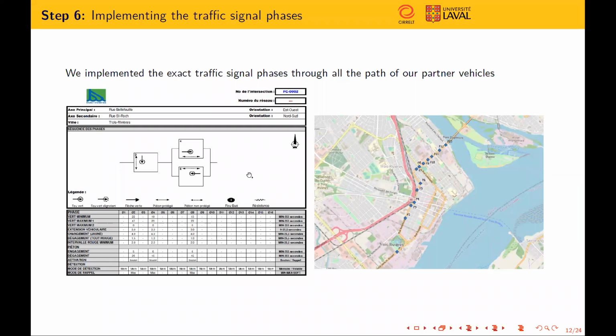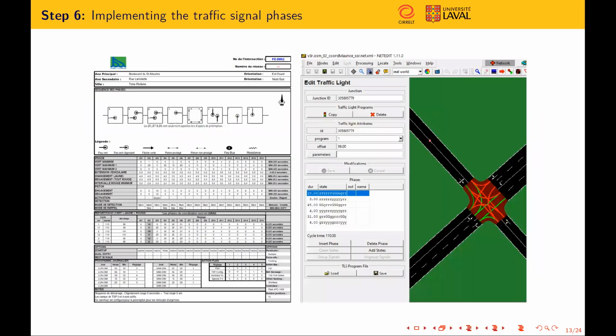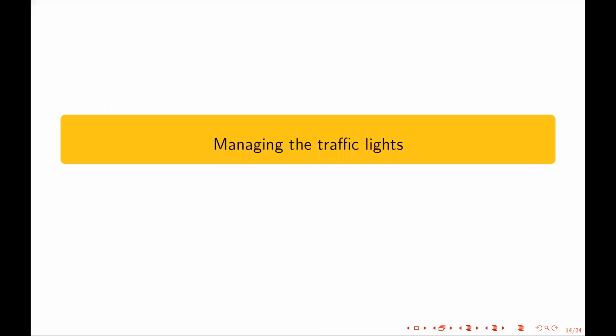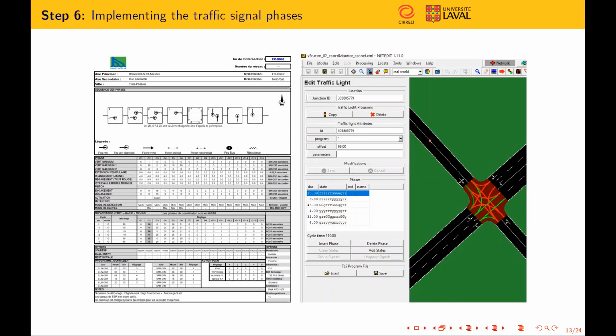I don't know what we call these documents, but we enter each of these 13 intersections very carefully in order to be sure that we reproduce the way the lights manage the traffic. So this is how we developed our simulation engine.